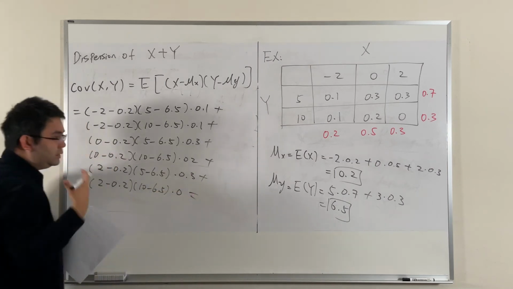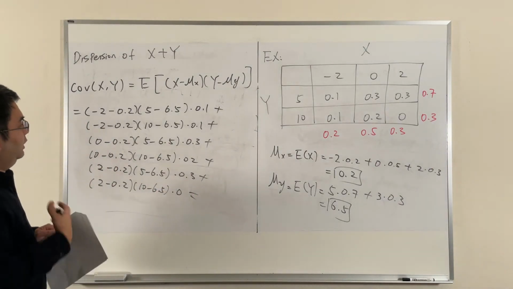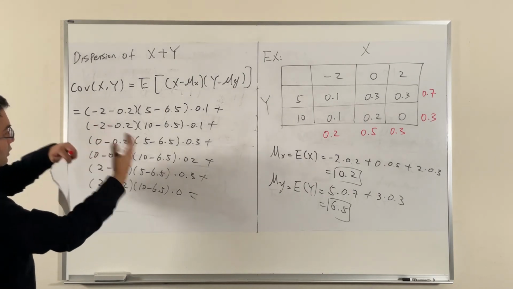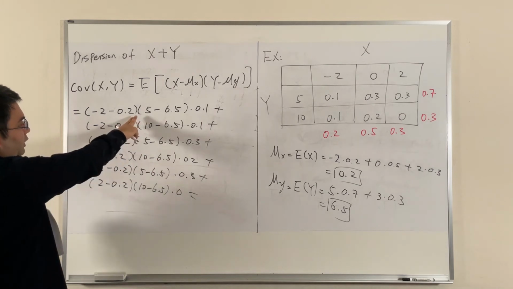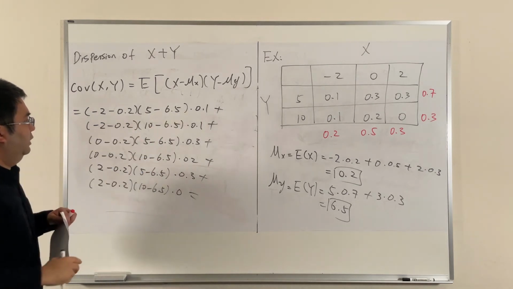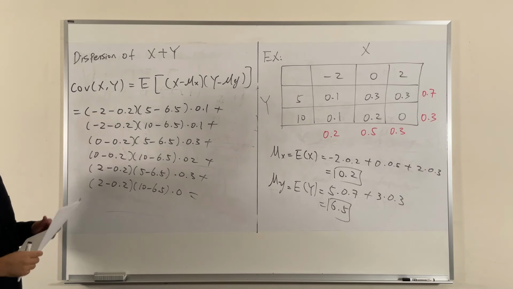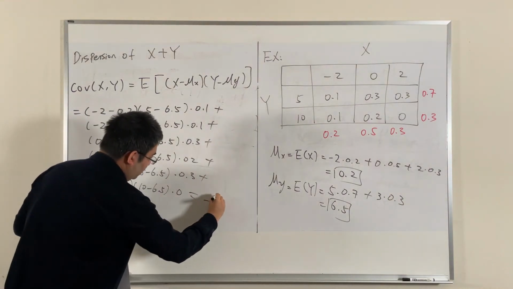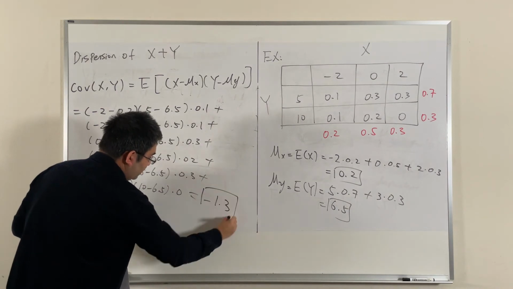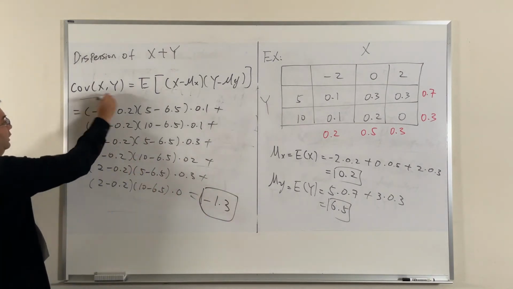We have 6 possible combinations, and for each one we take x minus its mean, y minus its mean, and multiply them together and multiply by the joint probability that they happen at the same time. Finally, we get -1.3. This is the covariance of x and y.